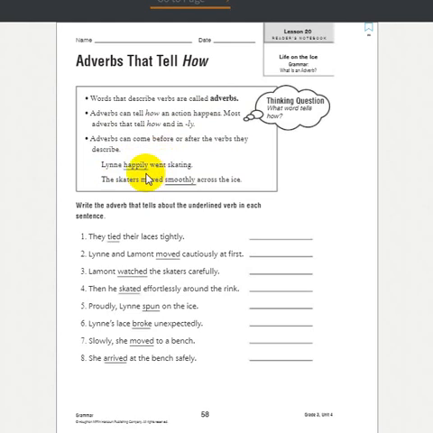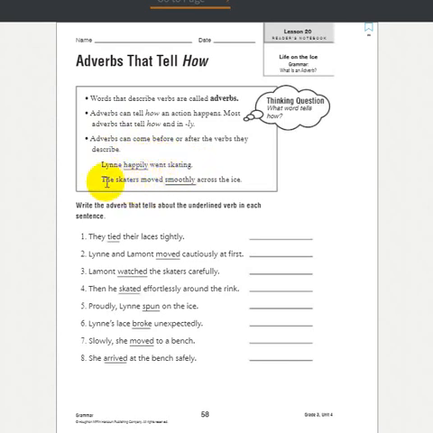Did she go skating sadly? Happily? Did she go rarely? It can even tell us when sometimes, not just how. So, Lynn happily went skating. So, happily here describes what? Describes the verb went.